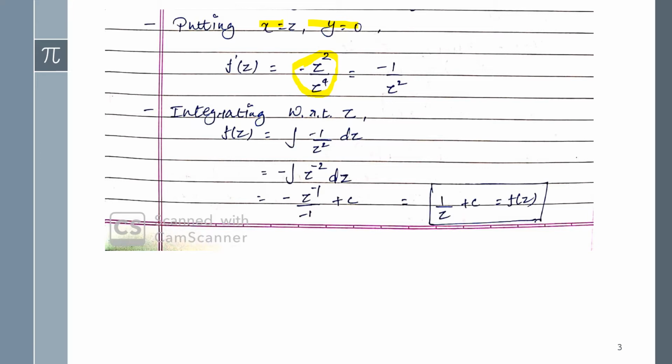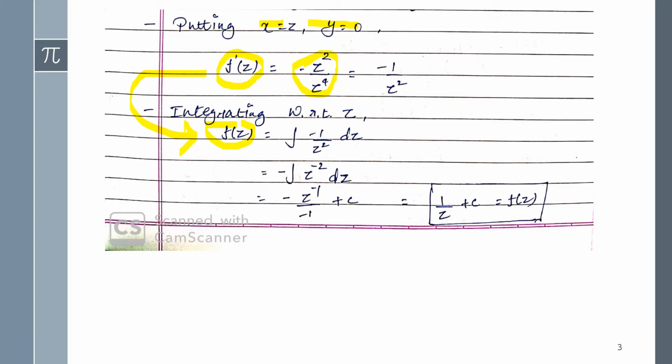As the fourth step, you have to apply integration on both sides. Taking the integration, you will obtain f of z in place of f dash of z, because we are doing the integration.